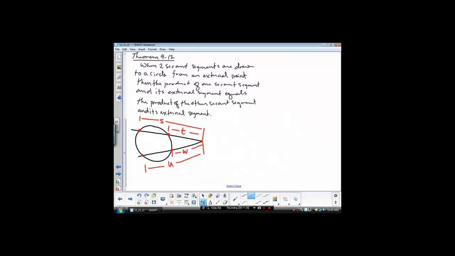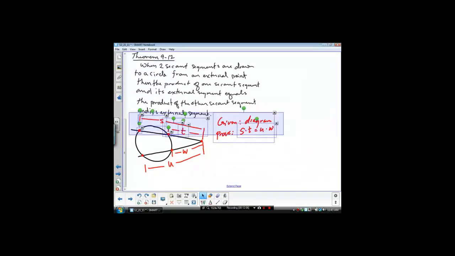Okay. Now, the given is the diagram. And what we want to prove is that S times T equals U times W. Again, we're going to need some auxiliary lines so that we have 2 triangles.